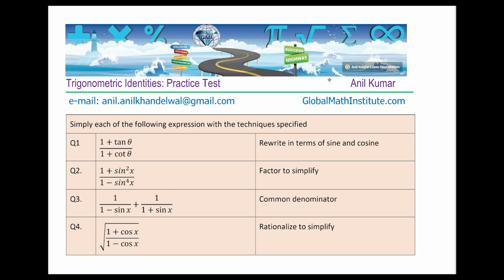You can use rationalization to simplify this expression. Now, as you can see, the first 4 questions help you to simplify expressions, and that is extremely important to prove identities. And these are the 4 techniques which are commonly used.